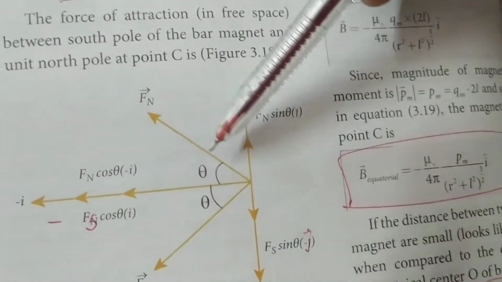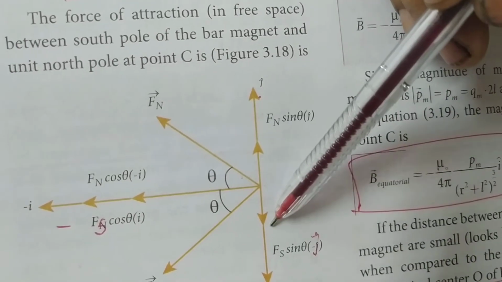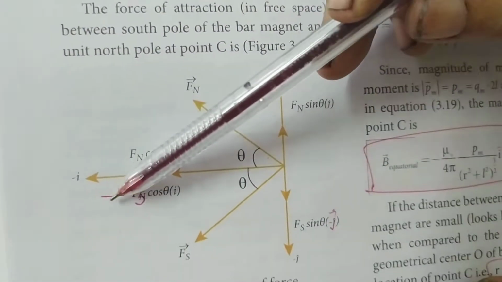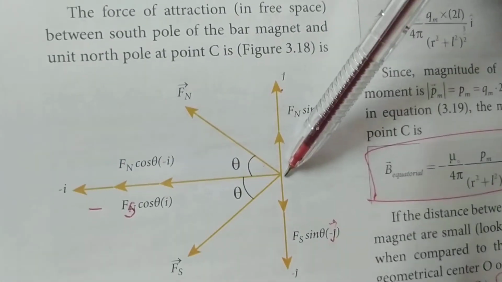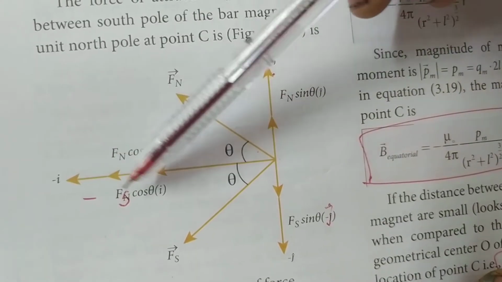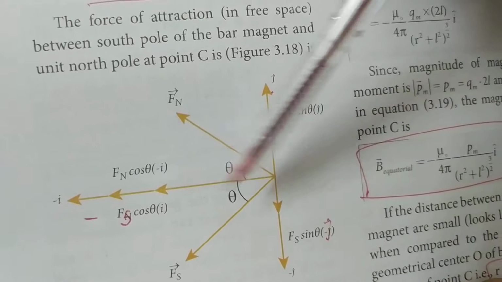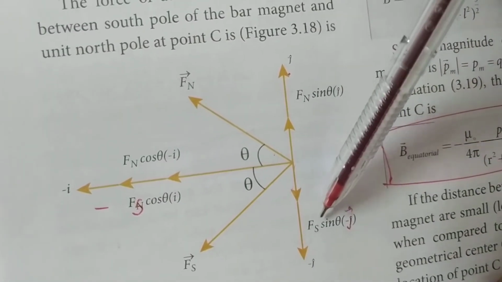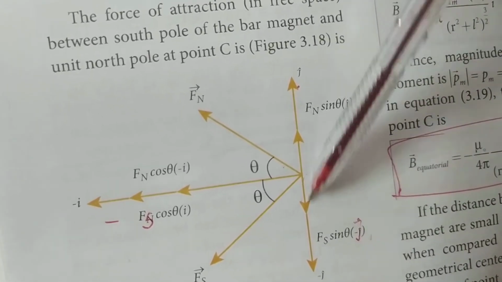Now when you take Fs, again this Fs is resolved into two components. Here this is the horizontal component, this is the vertical component. This is minus Fs cos theta I cap. This is in the negative x direction, so the minus sign should be here. And what about this component? This is Fs sin theta minus j cap, because this is in the negative y direction.